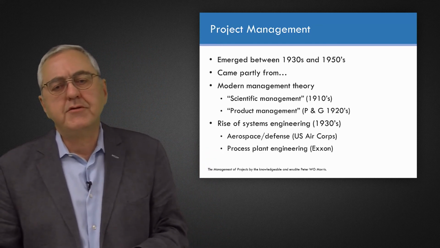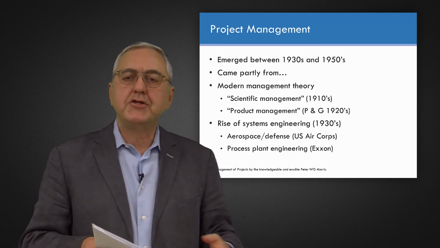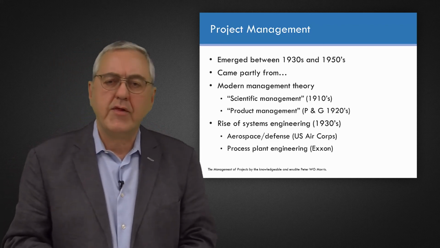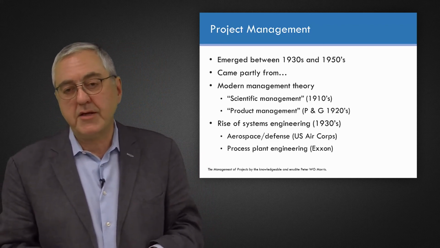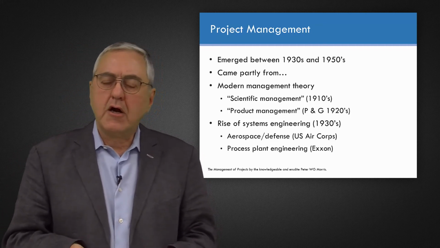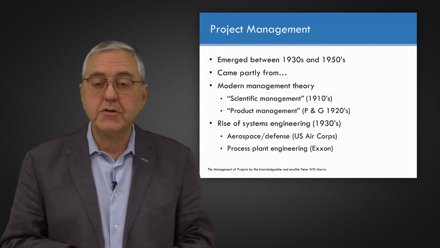Also, the rise of systems engineering approaches to organizing and managing large, complex engineering projects, which maybe we could say started in the 1930s and went through the 40s, 50s, 60s, and 70s. Particularly aerospace and defense, particularly the United States Army Air Corps that subsequently became the U.S. Air Force.